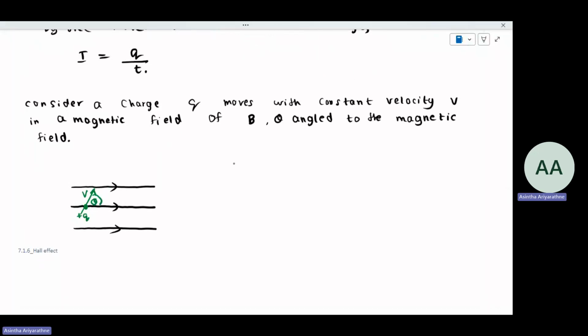And we know for a conductor wire the force is equal to B I L sin theta.